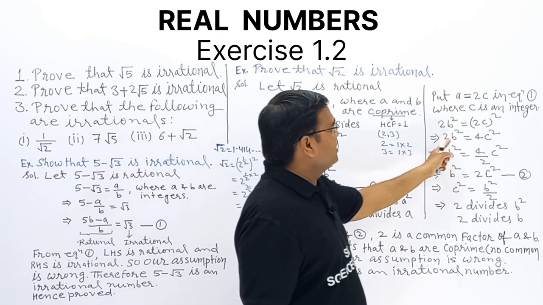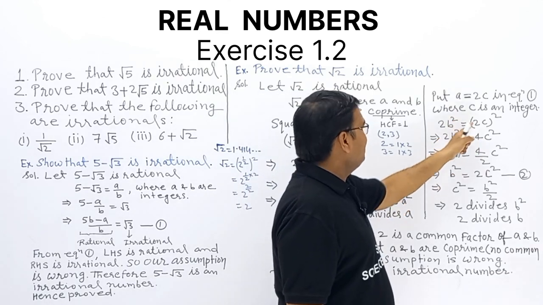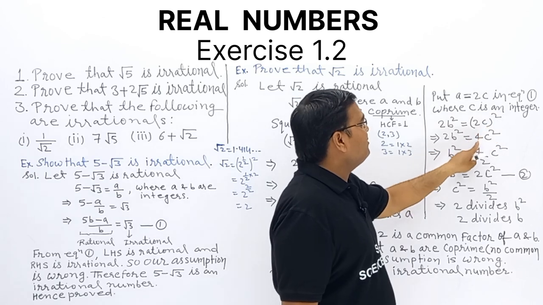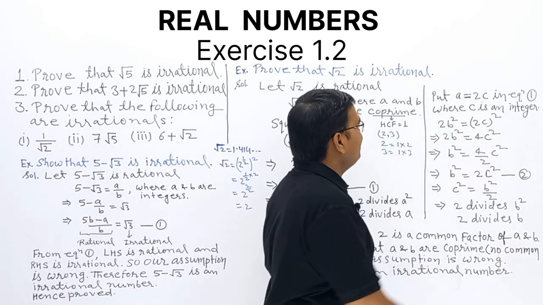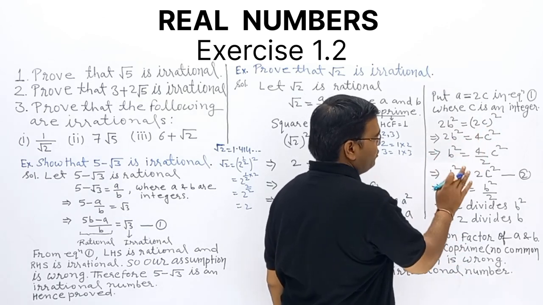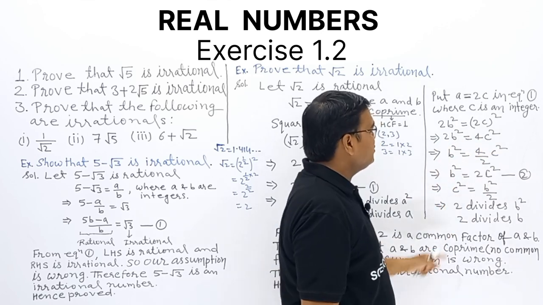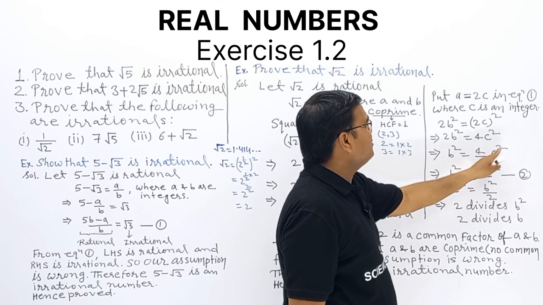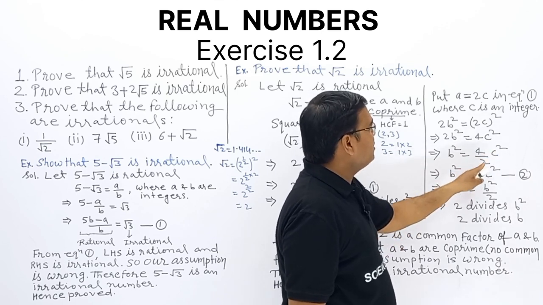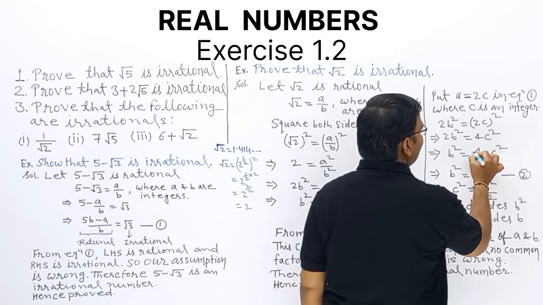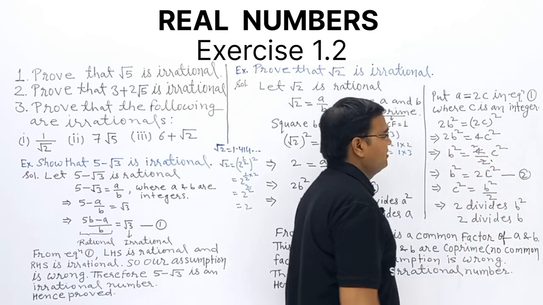So once we put A equal to 2C and solve, 2C whole square will be 4C square. Then solving this, 2 goes down into the denominator: B square equal to 4 by 2, C square. 4 divided by 2 is 2, so B square equals 2C square.